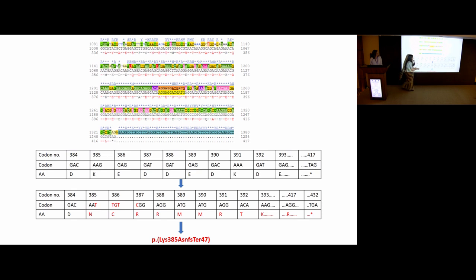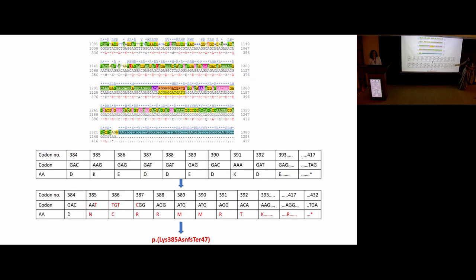What was supposed to be a stop codon at the 417 position of the amino acid, now at 417 there is arginine. But what is the next stop codon that is coming? From this change, from N385, the next stop codon is coming at 432.